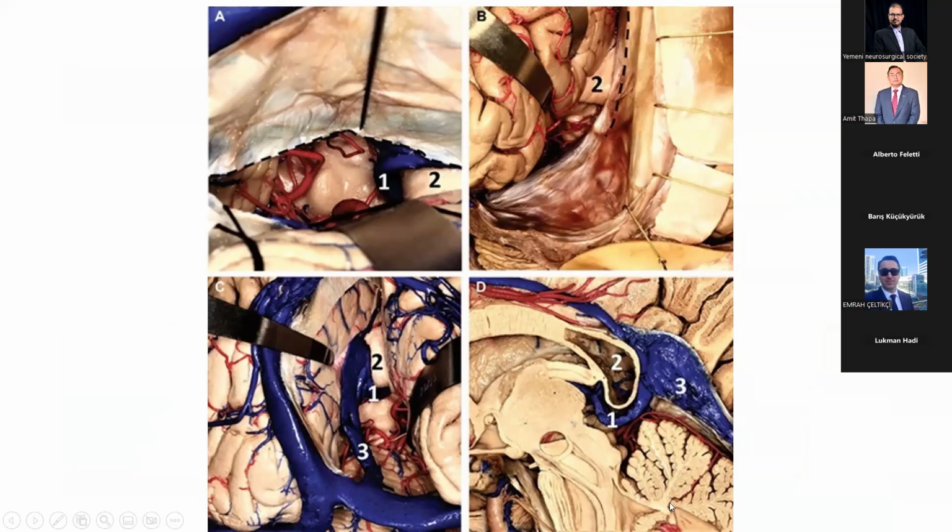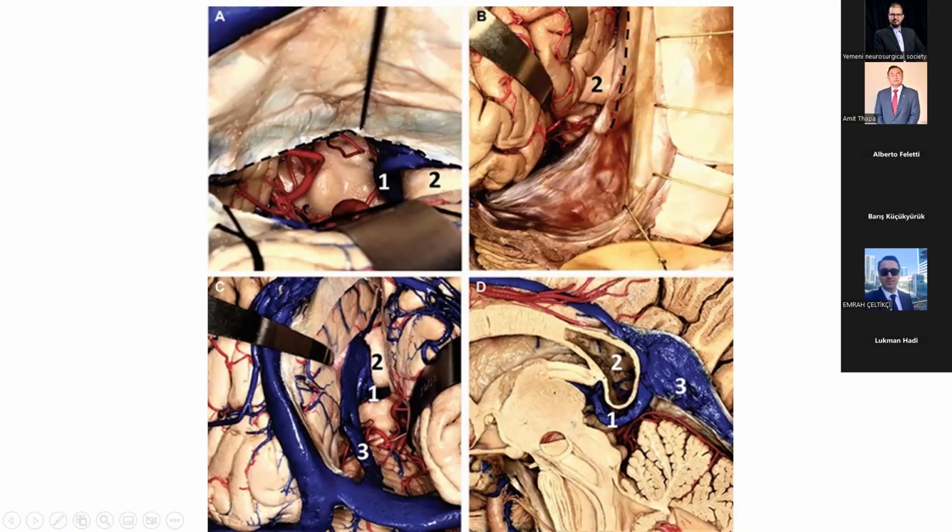Here we see the vein of Galen, the straight sinus, and the splenium of the corpus callosum. So again, in the midline, in the sagittal section, we are dealing with the deep cerebral veins, and especially their branches are very well described by our previous speaker, Barış Küçükürük, so I will not go into the details because we have other things to talk about.